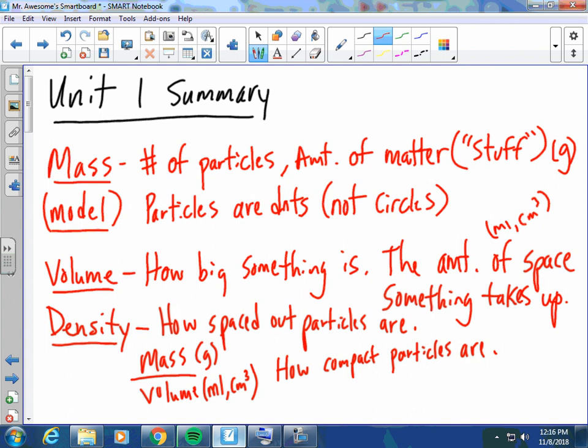If the particles are really spread out, would that be low density or high density? Okay, so let's make a note of that on here. Spread out equals low density. All right, cool, we got that. Good? Any questions?